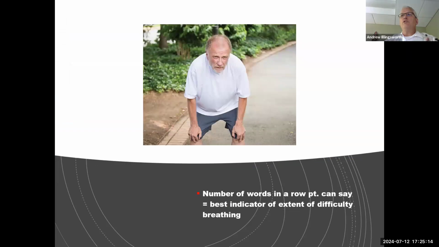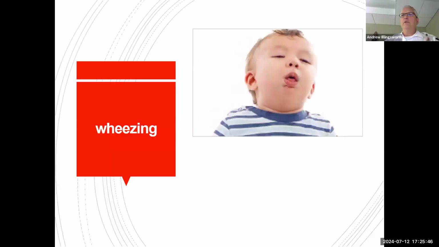So when you talk to somebody and you listen closely, if they're only able to talk in just a couple of words at a time because they have to get a breath, then that is an indication of severe, going-to-happen-right-now respiratory distress. We need to address that before it becomes respiratory failure.